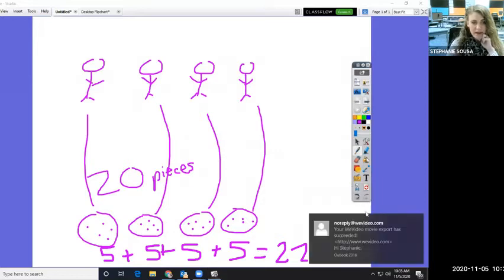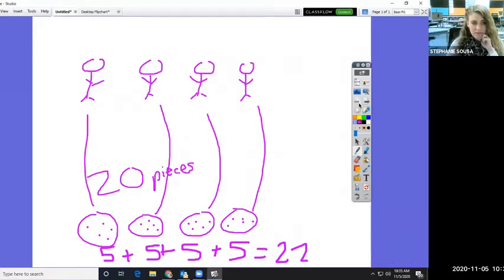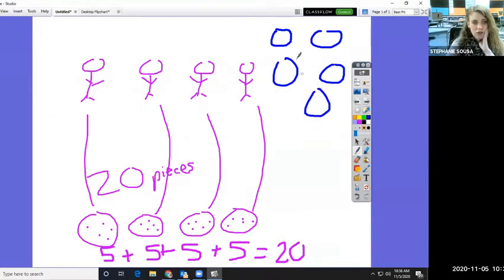Now, the problem would be if we just thought, like some of you do, that you can just randomly switch this. So now let's say instead of 4 bags, you made 5 bags, and you put 4 in each one.